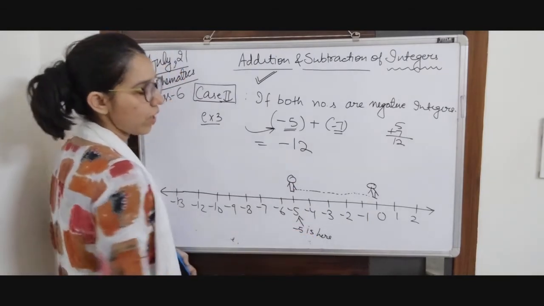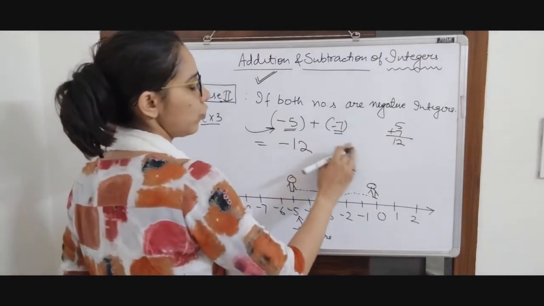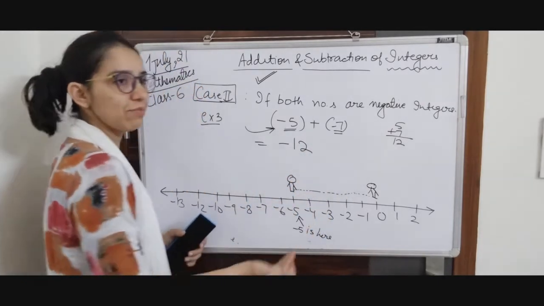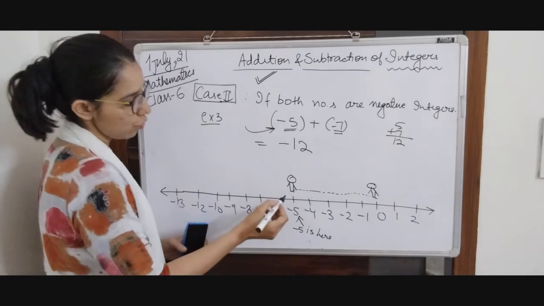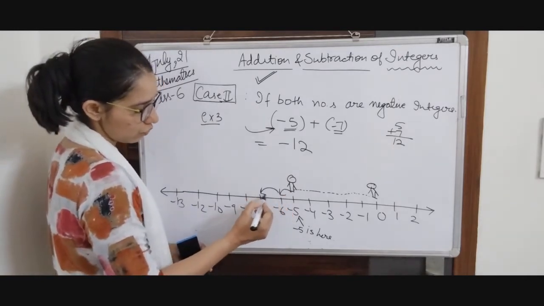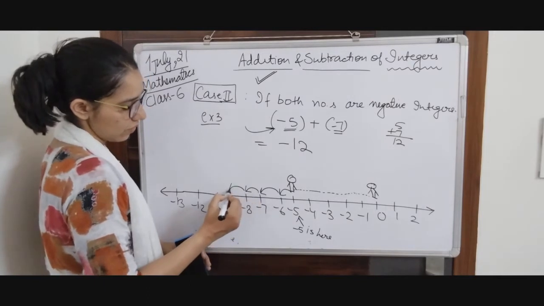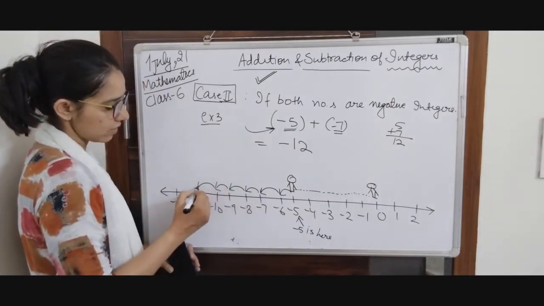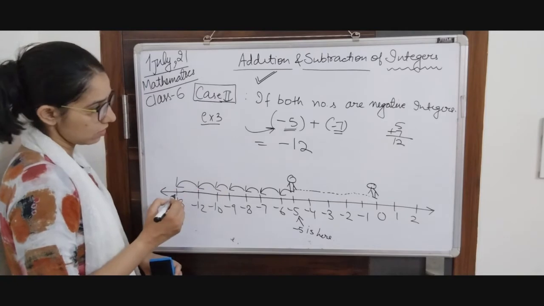Now we will see what operation we need to do. We have to do minus 7. Minus 7 means move to left. So move to left means I have to move 7 steps. 1, 2, 3, 4, 5, 6 and 7.